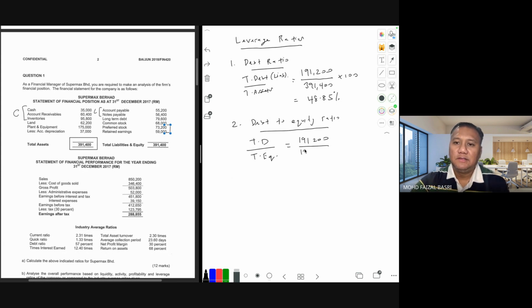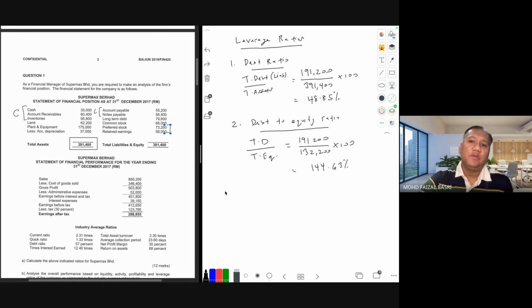So we need to find the total equity lah, 73,200 and also 59,000. So 132,200 and then multiply with 100 to get it in percentage. Okay, so it's about 144.63%. Okay, for this one we cannot compare.